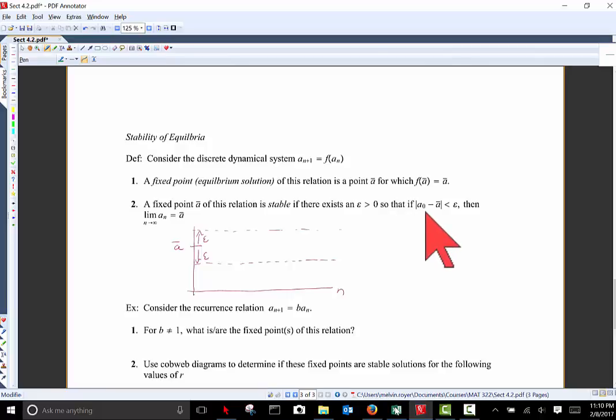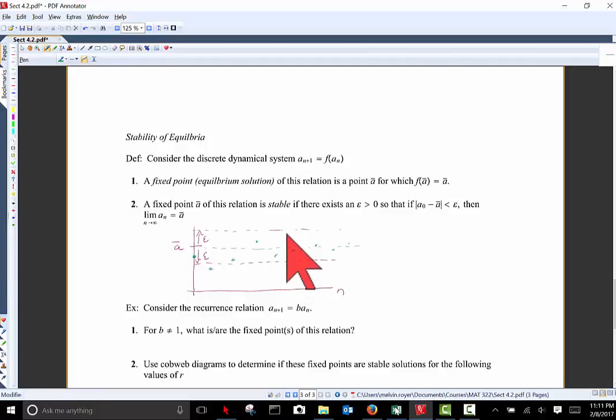So there's an epsilon so that if my starting value is within epsilon units of a bar, so here's an example. Here's a point that I can start. It's less than epsilon units from a bar. Then the sequence that's generated by this dynamical system will have limit a bar. So who knows what it does next, or next, or next, but eventually it gets arbitrarily close to this limit value.